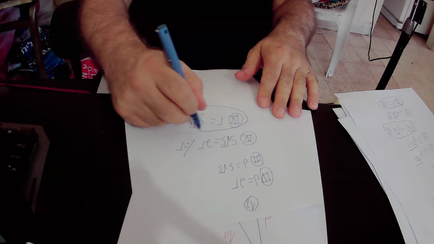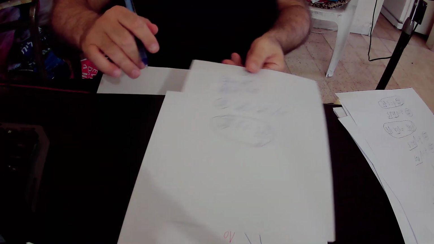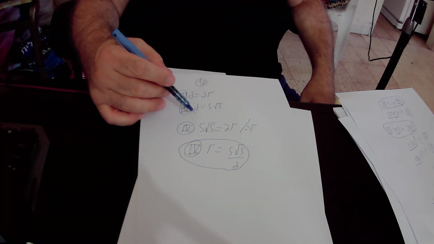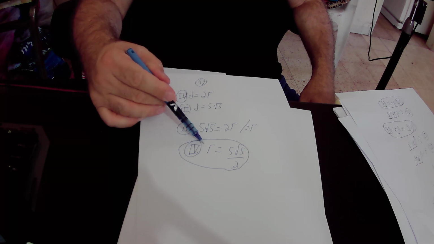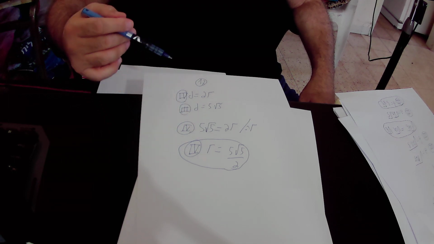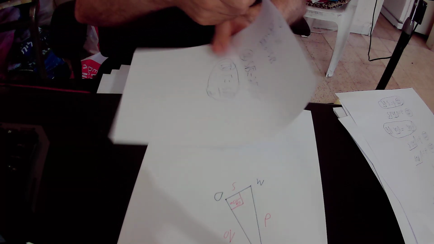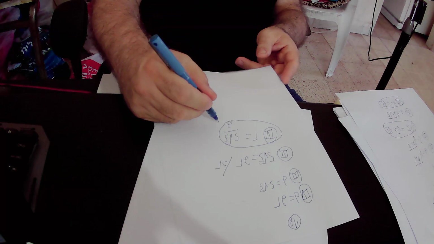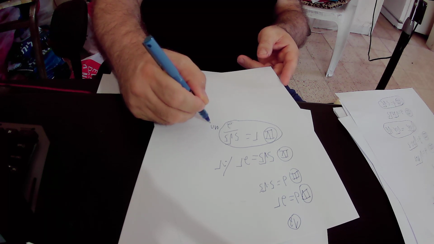Okay, so we divided equation number 4 by 2, and we got that the radius of the circle equals 5 times root 5 over 2 units.